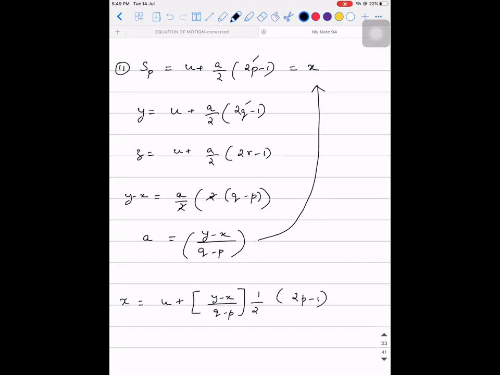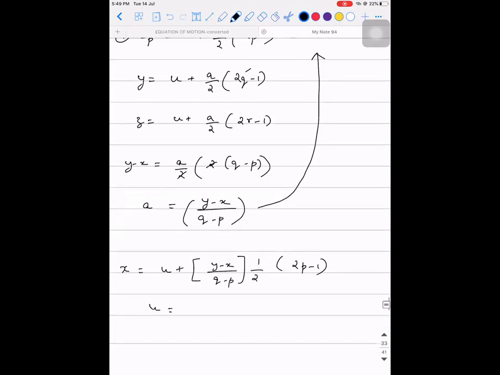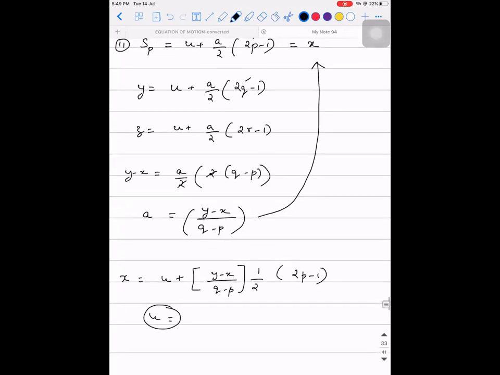Can I write it like this? Yes, sir. So are you able to understand what it is? So from here, if you find out what is the value of u, you can take the value of u and a and substitute it in the third equation, you will directly get the answer. Okay? This is one way.